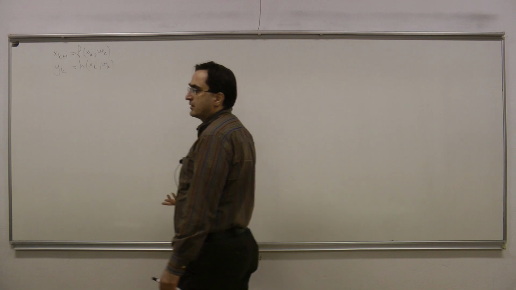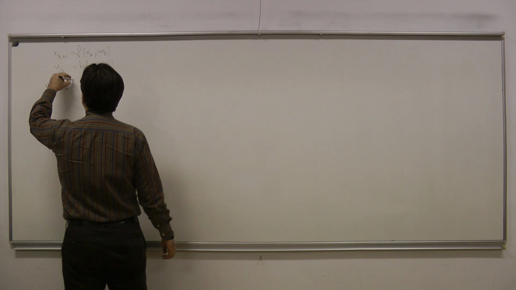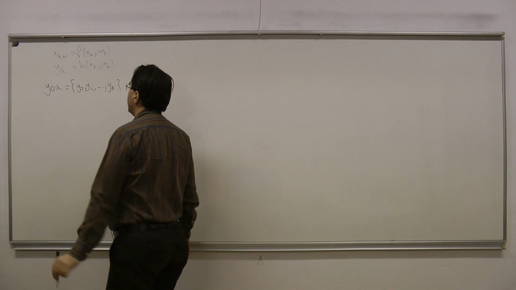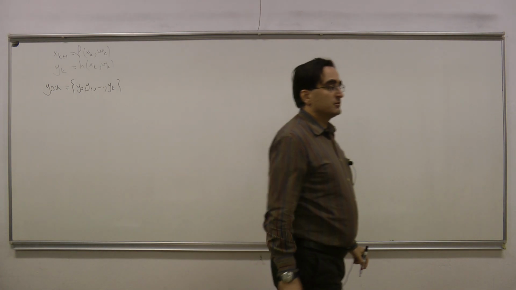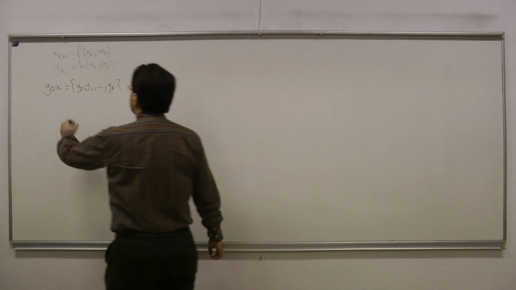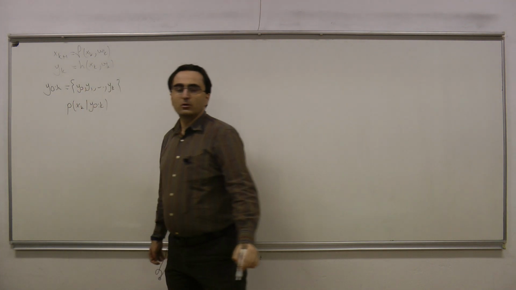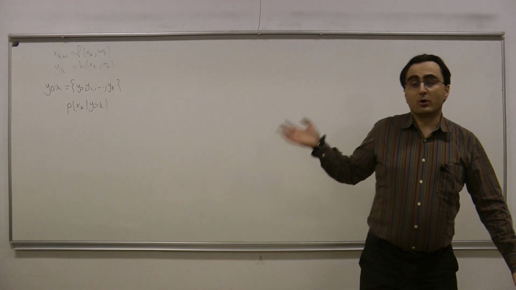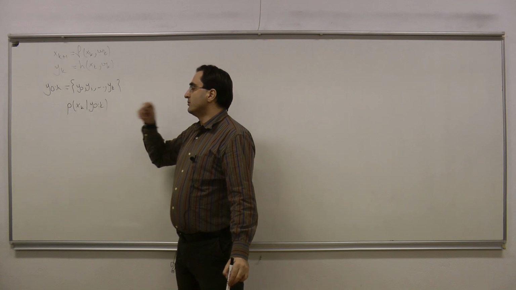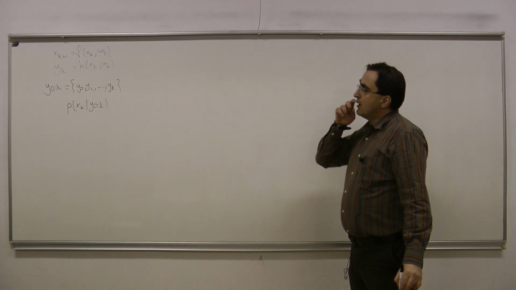But the best thing that we can say, suppose that we have observed the measurements from time 0 to k, y_0, y_1, going until y_k. The best thing that you can do about knowing the state x_k is to calculate the posterior distribution of the state given all of the measurements. If you know this density function, the density function of x_k given all of the measurements, then you know the most about the states that you can.